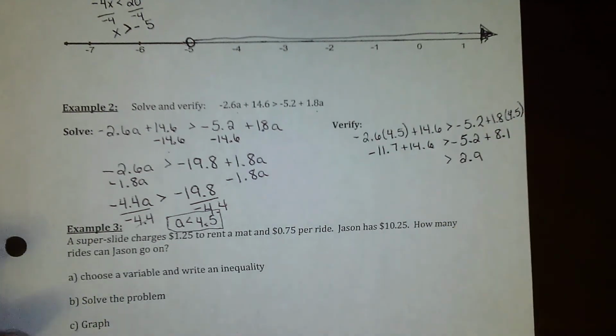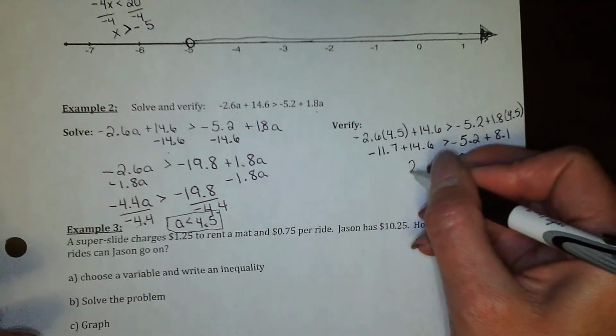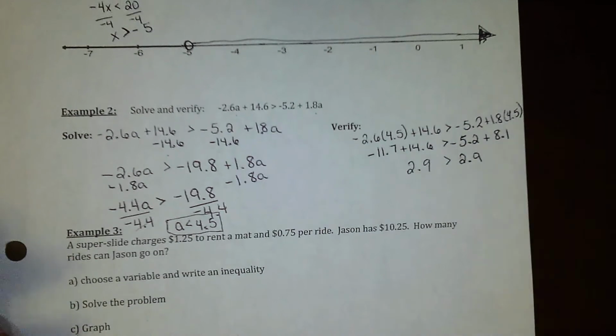And on the other side, it's 2.9. So we do know that 2.9 would have to be larger than 2.9. Okay, so that made it equal.